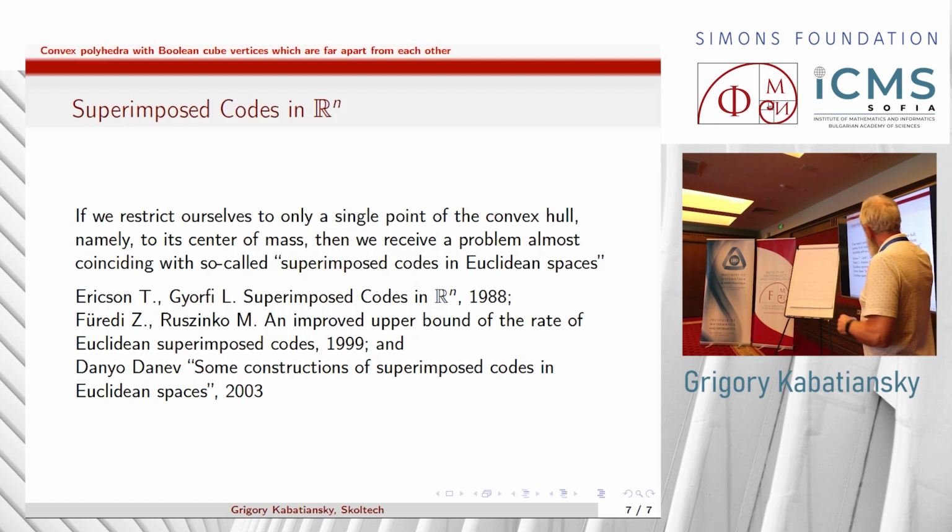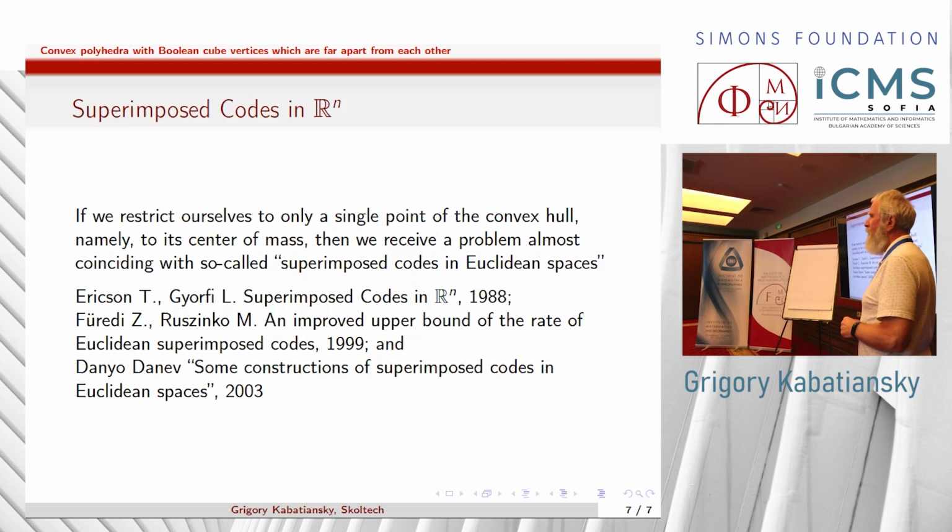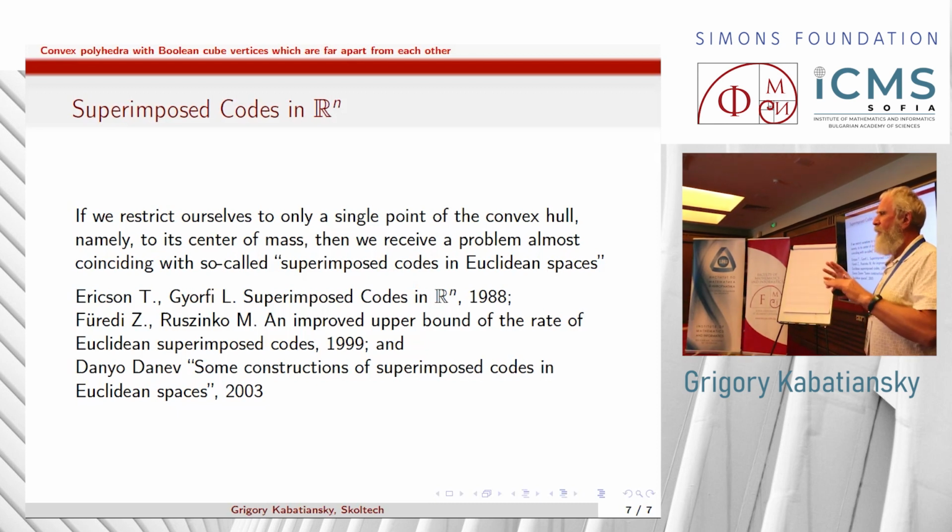Explaining what they are doing in the language of my talk is the following. We again forget for a while about the convex hulls and think only about mass centers. It's not exactly their case. For the mass center, I should take the sum of the vectors and then divide by the number of the vectors.